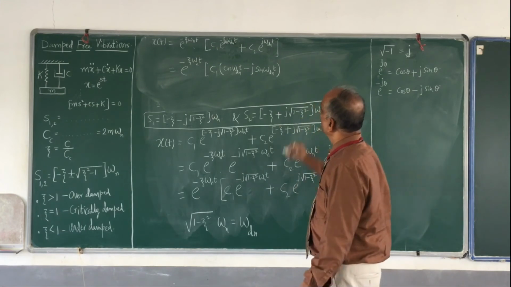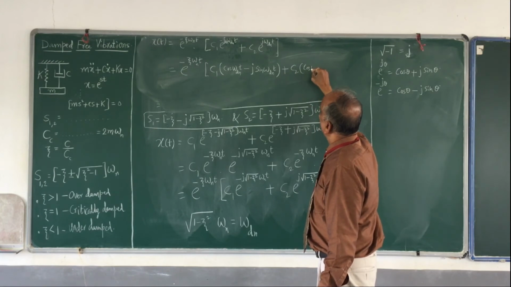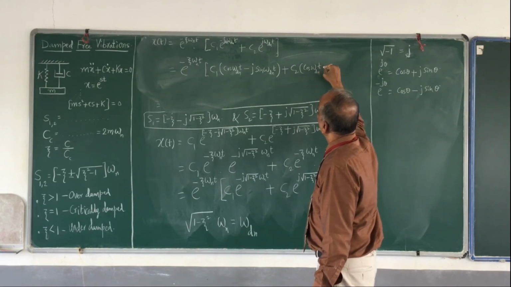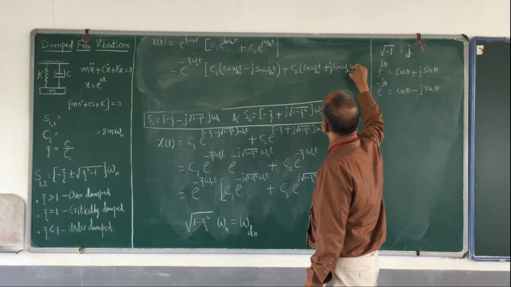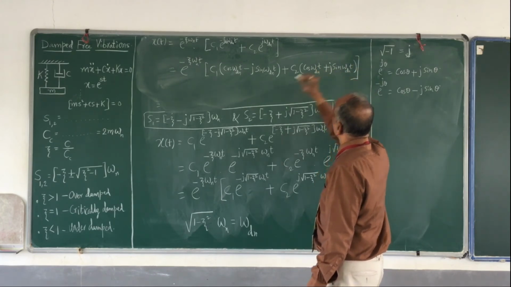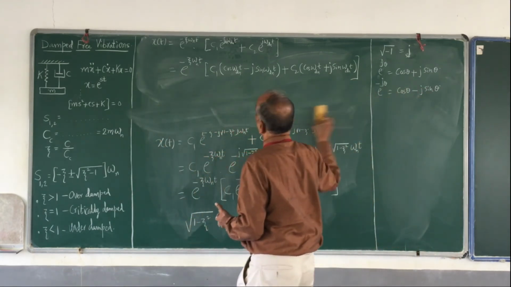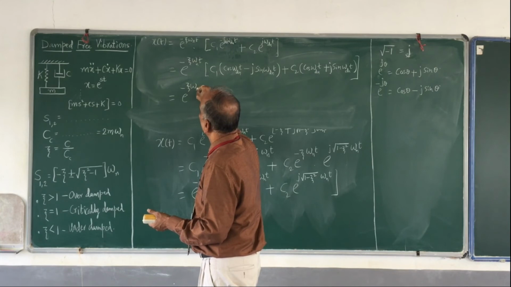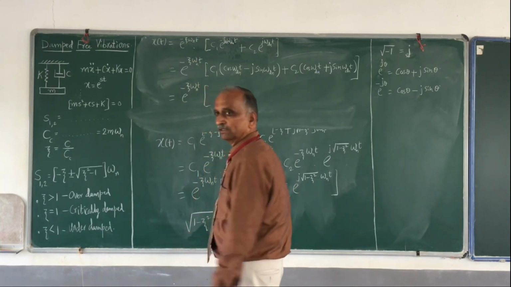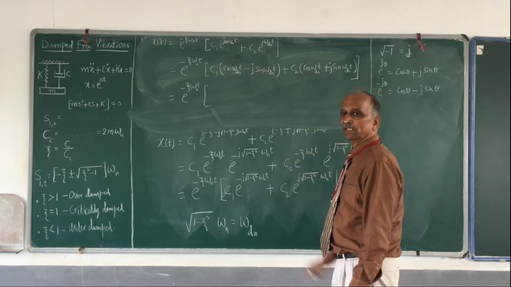This is one term. Plus C2 into bracket, cos of omega dn into t plus j times sin of omega dn into t. Okay, so now this is the same as e raised to minus zeta omega n into t into bracket, C1 cos omega dn t, and here also C2 cos omega dn t.